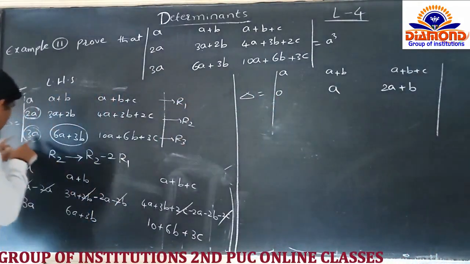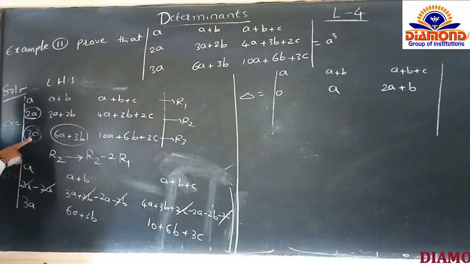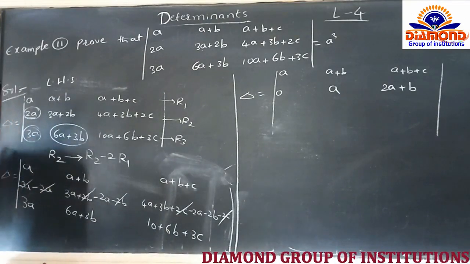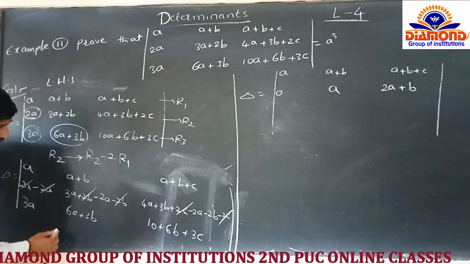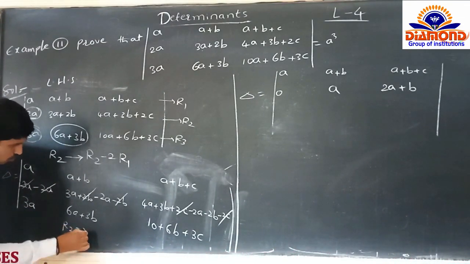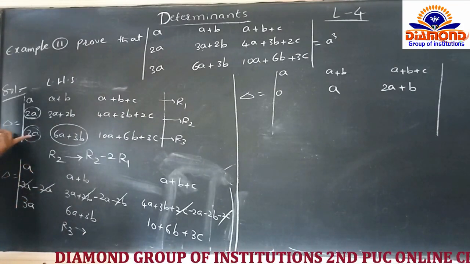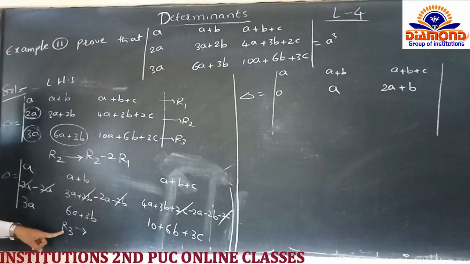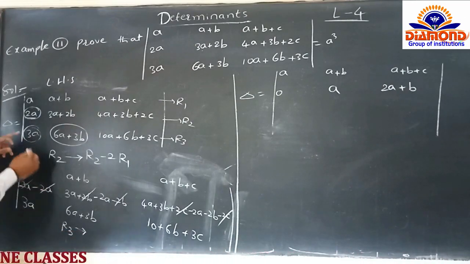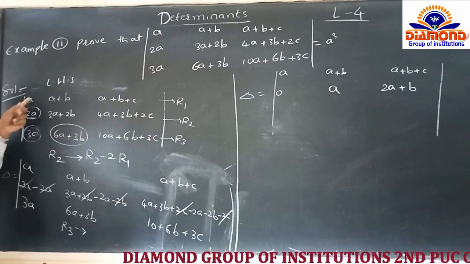Now our target is to make this place a 0. How can we make this place a 0? I will write the operation here. R3 tends to, we are doing the operation on which row? Third row, that's why I am writing it for that. We just have to observe these two elements. This is 3a, this is a.